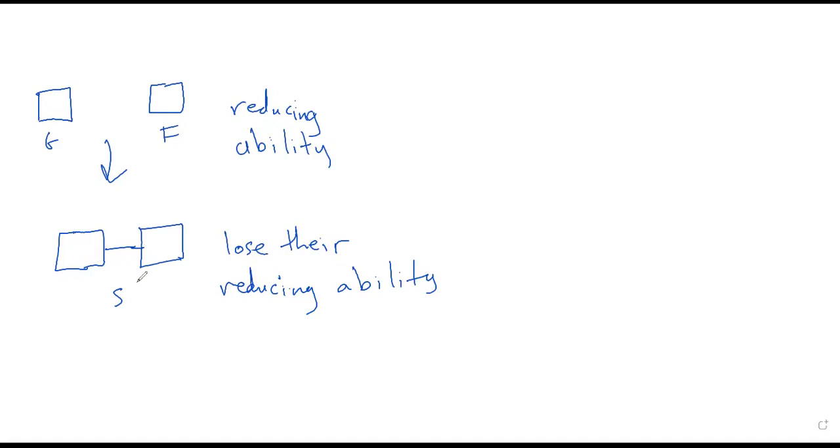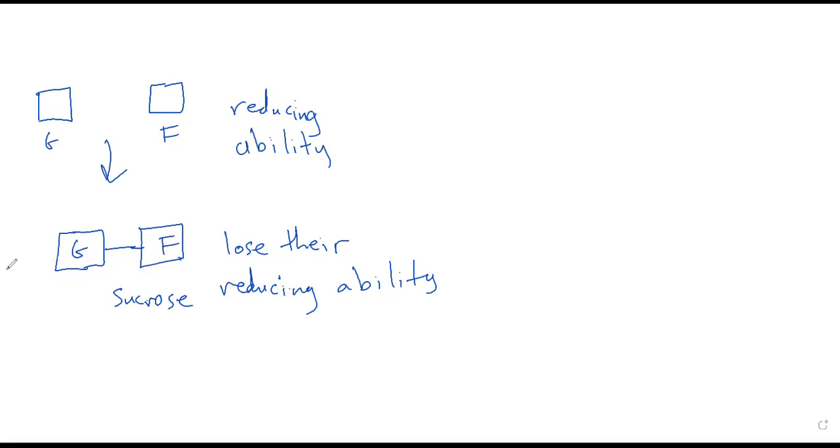In the non-reducing sugar test, if we add Benedict's solution to sucrose, nothing will happen because it has lost its reducing ability. So glucose and fructose, when they join to form sucrose, lose their reducing ability. So adding Benedict's solution to this does nothing. The Benedict's solution will stay blue.